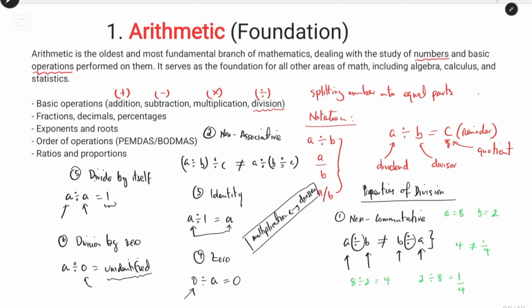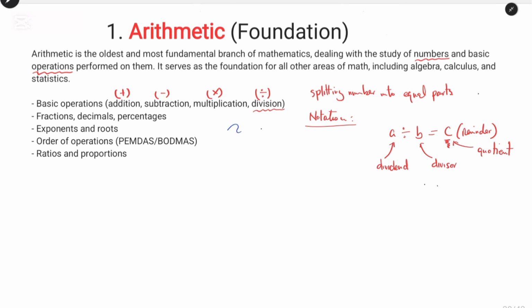Therefore, I will give you some examples of the application of division. Example 1. So we said splitting numbers into equal parts. Imagine you have 20 apples and you have 4 friends. You want to give the 20 apples to 4 of your friends.